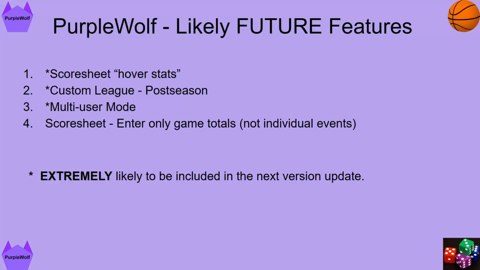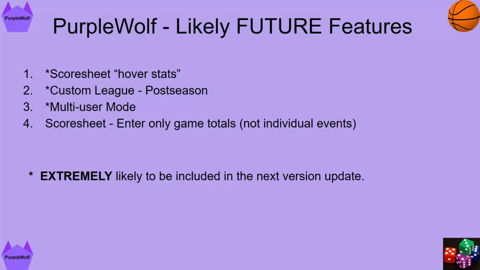And number 4 is something I've thought about for the score sheet, which is the ability to add your game results, but really just as a summary, meaning you're just adding the game totals and you're not recording each individual event in the score sheet.